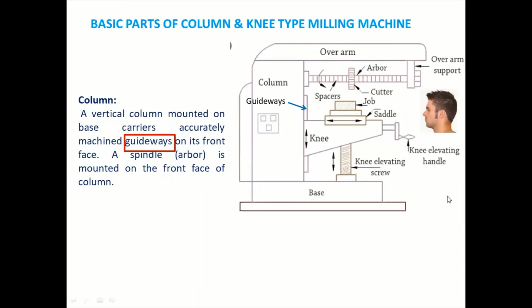You can see in this diagram, the arbor is mounted on the column, and it is supported by the overarm. Otherwise it will just hang, because in the arbor we are also mounting the cutter, and the arbor itself is very heavy. Then I have already shown the spindle and the arbor there.